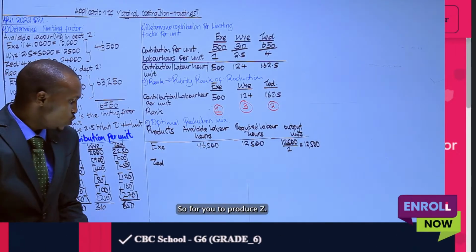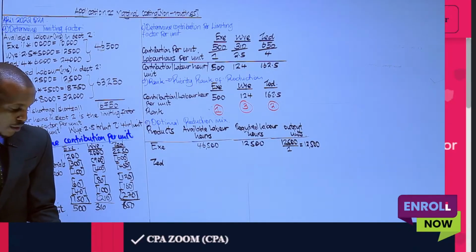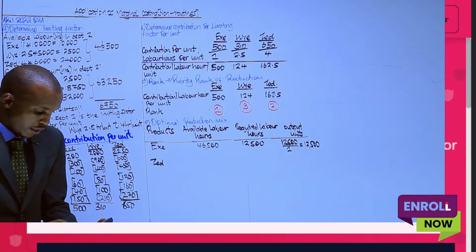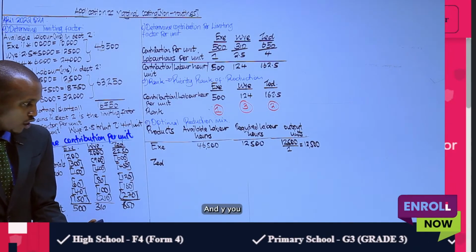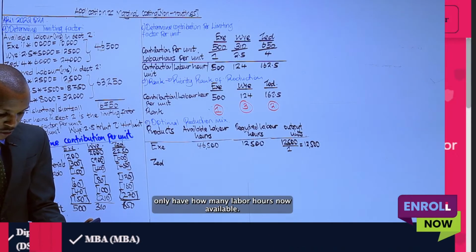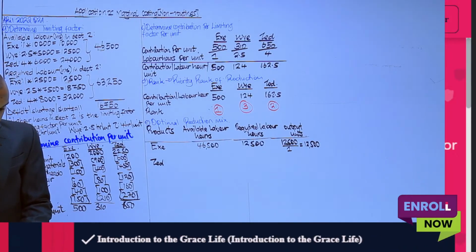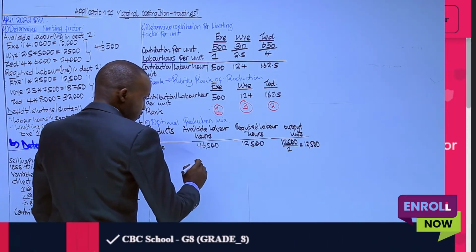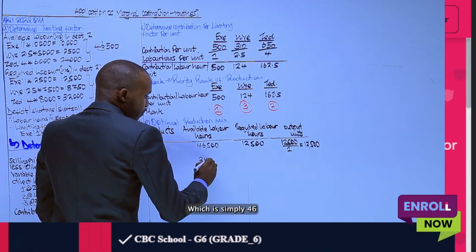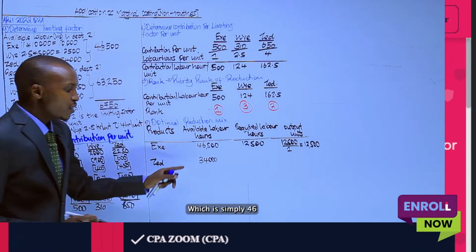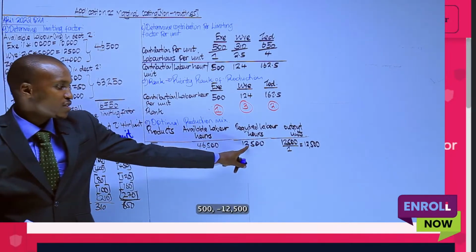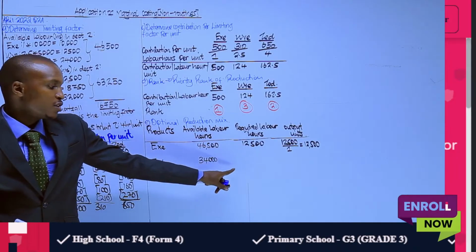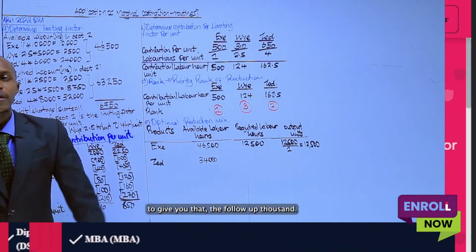So for you to produce Z and Y, you only have 34,000 labor hours available, which is simply 46,500 minus 12,500 to give you 34,000.